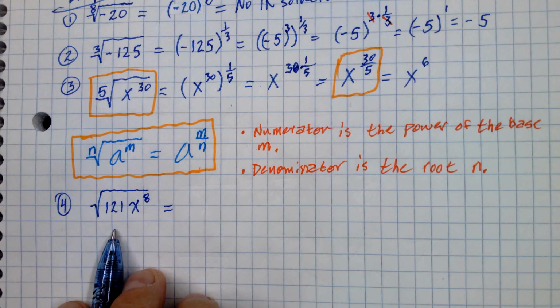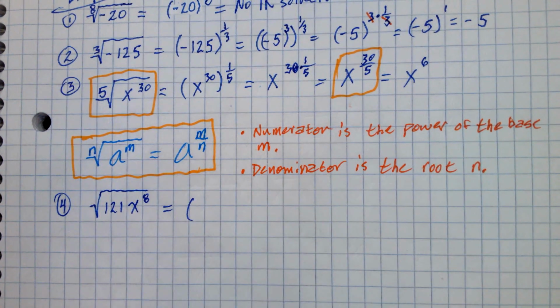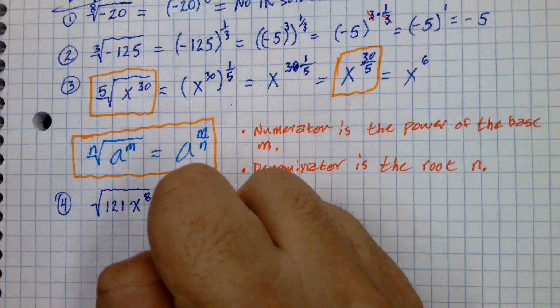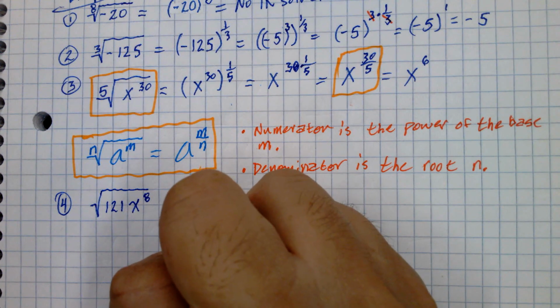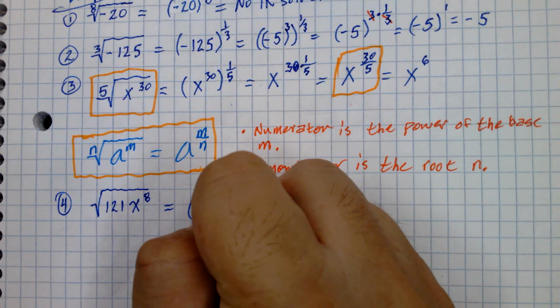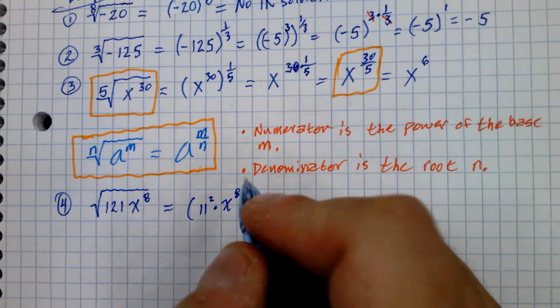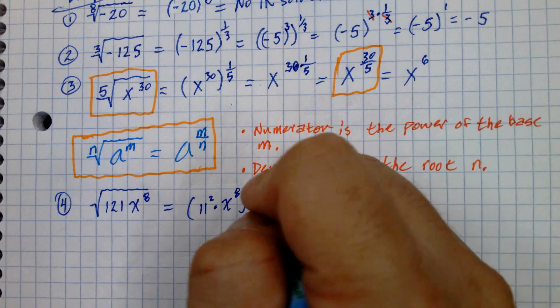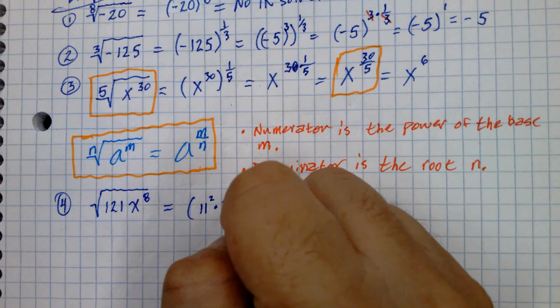So what we're going to do is we have 11 squared times x to the 8th, and we're going to raise that to the 1/2.